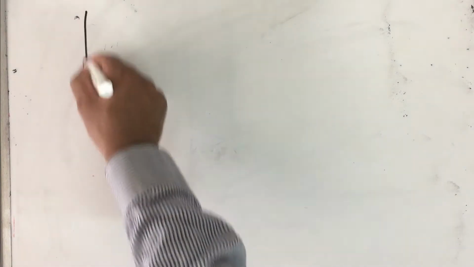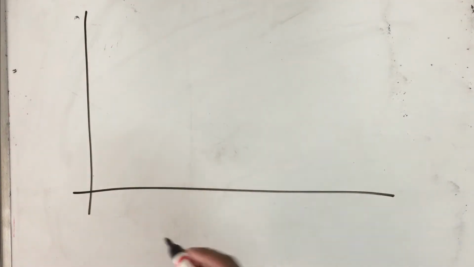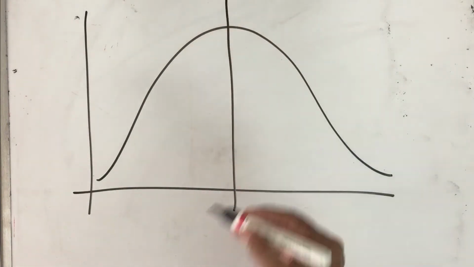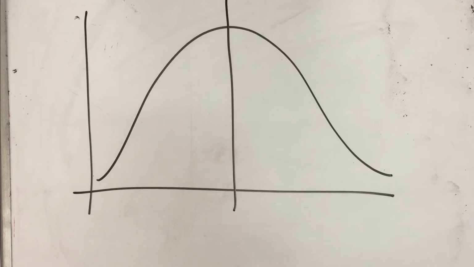In the quartile deviation, there is a formula that we need to use. It is to find the value which will divide the given distribution into 4 equal parts. That is what we call a quartile. Look at this graph. If this is the distribution, this value is dividing the distribution into 2 parts.